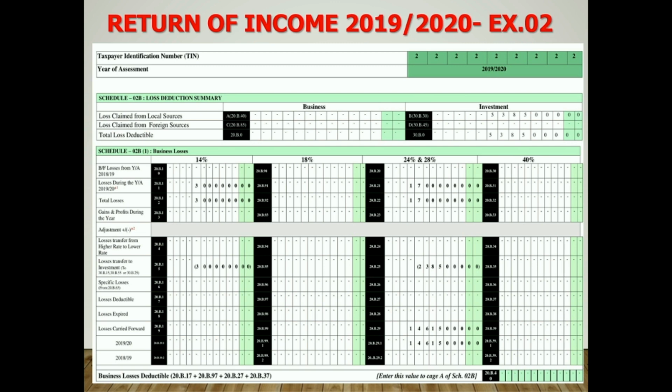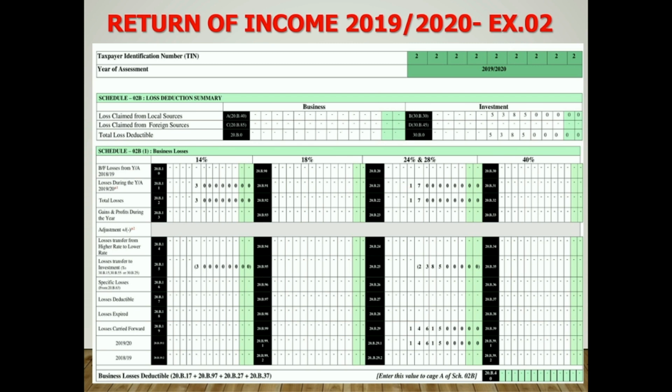In this case, we don't have brought forward business losses, but to deduct from investment income, I have transferred the business losses incurred during the year to investment income. Balance is carried forward to next year of assessment.